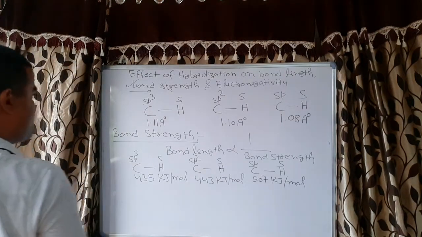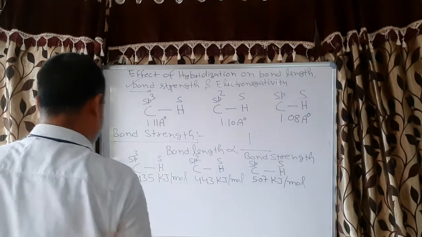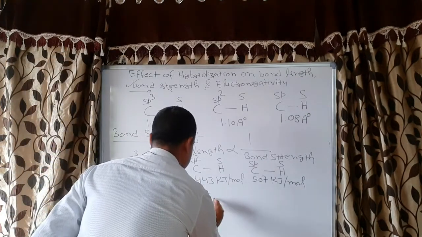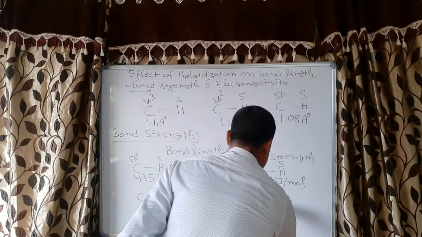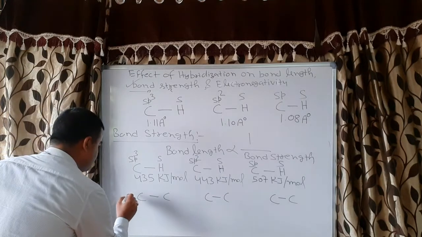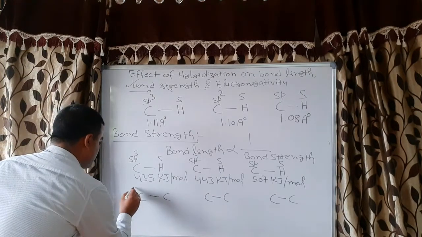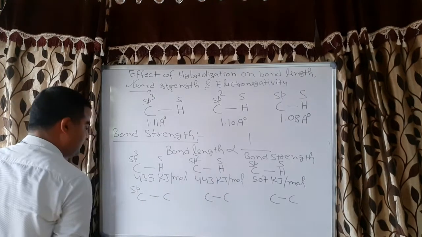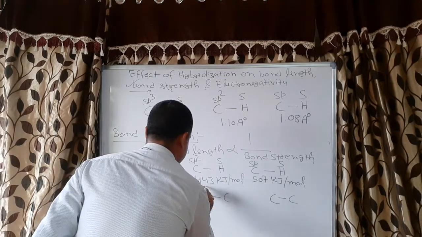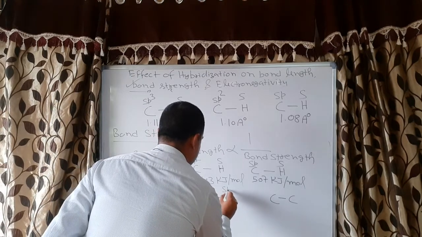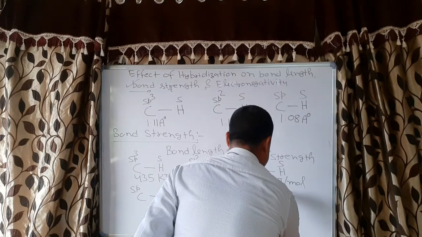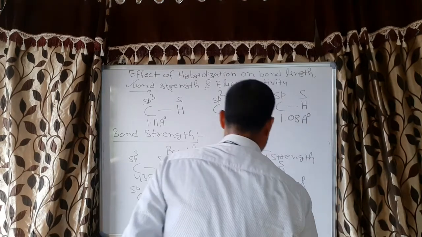Now come to the carbon-carbon bond. Carbon-carbon, carbon-carbon and carbon-carbon. Correct? This is sp-sp, sp2-sp2, this is sp and sp.